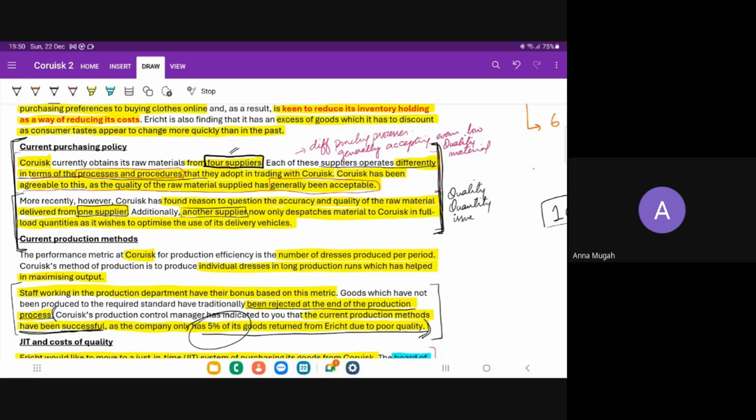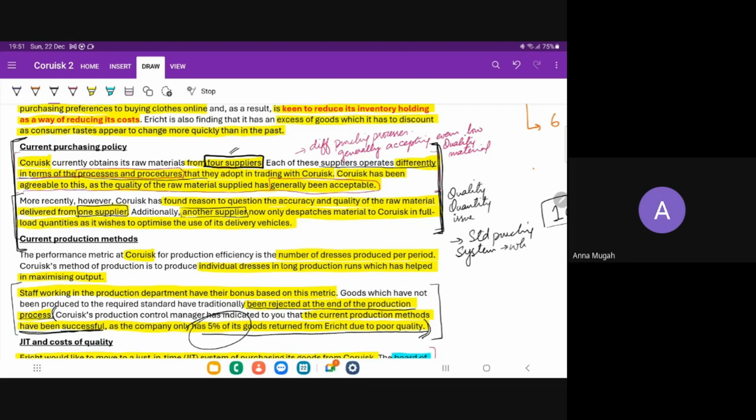These are the errors, and they can happen because you don't have a standardized procedure of buying from suppliers. So the first thing you need to do is have a standard purchasing system. You have to agree with the supplier that you will follow a standard purchasing system. And again, why is this important?